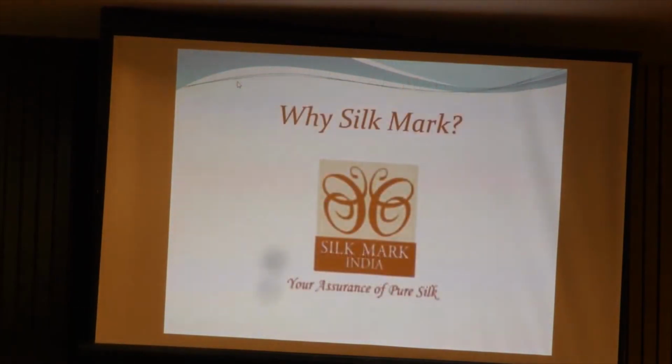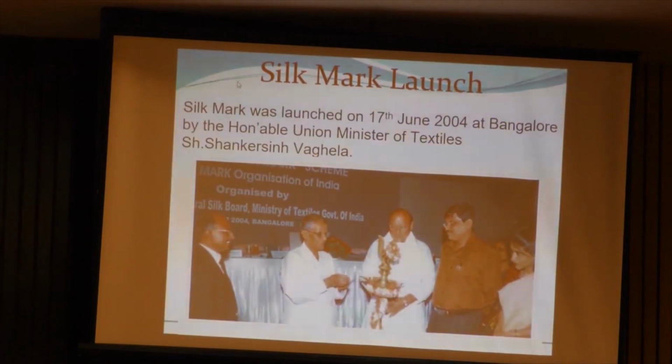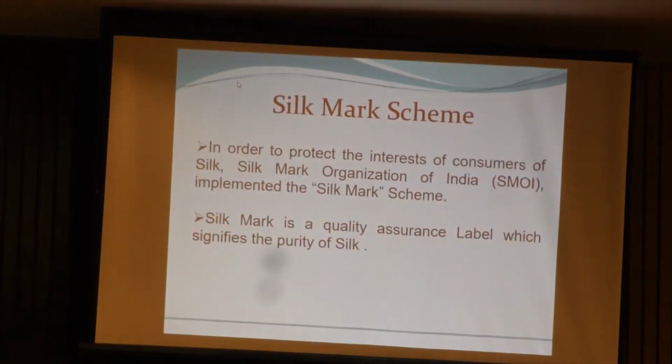That's the Silk Mark. That's why Silk Mark has come into the market. It is just like any other mark, like Woolmark, Hallmark, or the ISI mark. The Silk Mark was launched on 17th June 2004 at Bangalore by the Honorable Union Minister of Textiles, Mr. Shankar Singh Waghela. Silk Mark was there to protect the interest of the consumers.